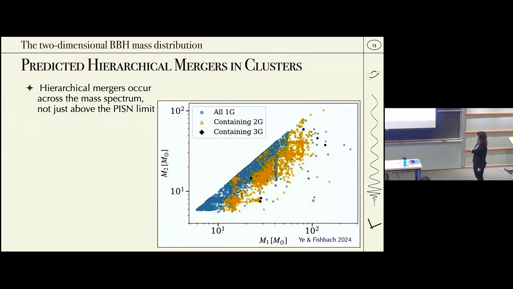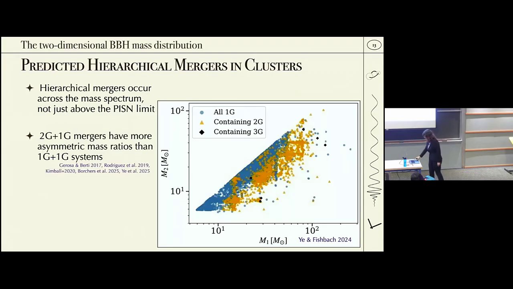You can see that these occur across the mass spectrum, and that they are away from the M1 equals M2 diagonal. So they don't prefer to be equal masses, whereas the first generation mergers do prefer to be near the diagonal. And it's well established that 2G plus 1G mergers have more asymmetric mass ratios than 1G plus 1G systems.